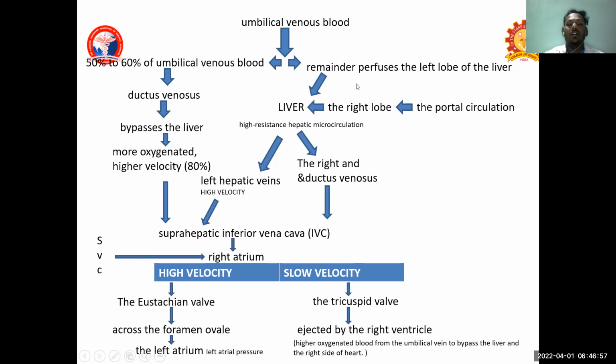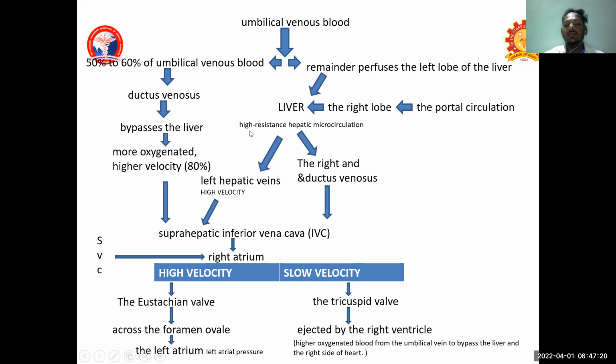Here, the remaining 40 to 50% of the blood from the umbilical venous blood perfuses the left lower lobe of the liver. It joins with the portal circulation, the main and the right portal vein.